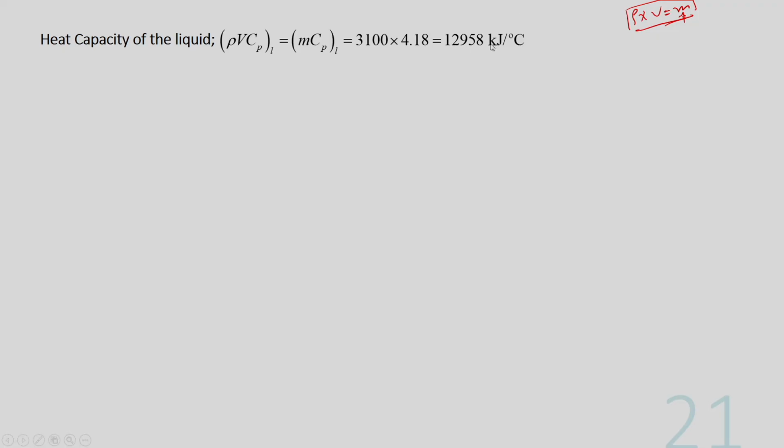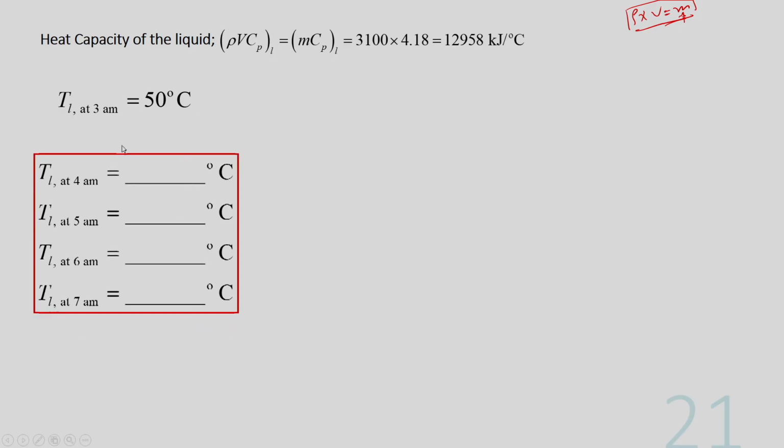So, m is 3100 multiplied by specific heat 4.18, which comes to around 12958 kilojoule per degree C. What is given to us? The temperature at 3 am is 50 degree C. We need to calculate at different times: 4 am, 5 am, 6 am and 7 am.